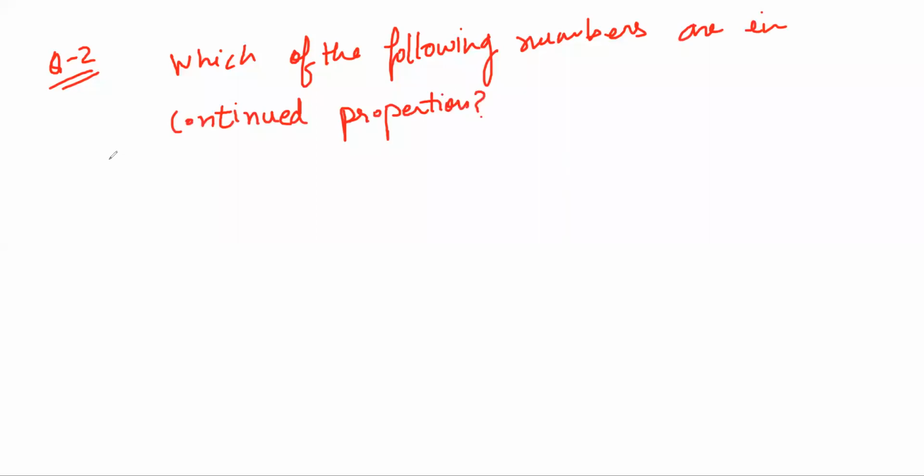Number 1: 3, 6, and 15. So now we have to check if 3, 6, and 15 are in continued proportion or not.